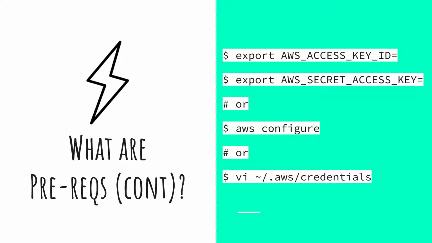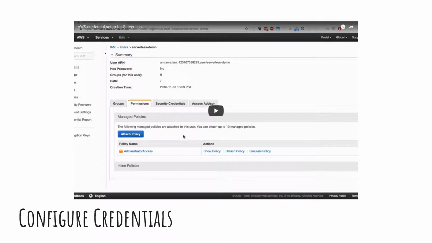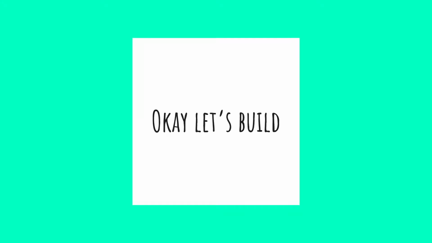You can read about this on the serverless website, but it's not too hard to get set up, and you only have to get it set up one time. Here's a video I've included from the serverless website that talks about how to configure your credentials.